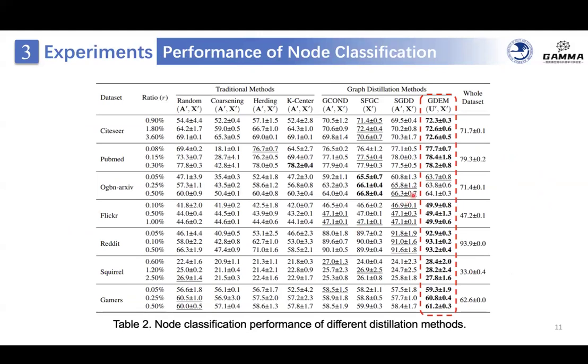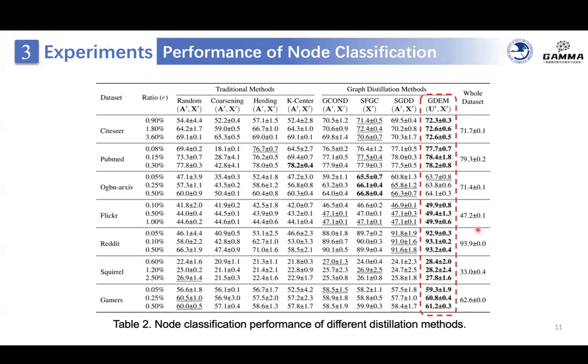Extensive experiments demonstrate the effectiveness, efficiency, and the generalization of our method. We firstly evaluate effectiveness on the node classification task. We observe that GDEM achieves state-of-the-art performance on 6 out of 7 datasets.